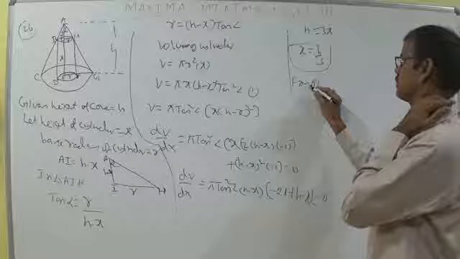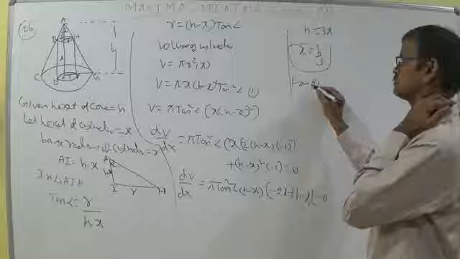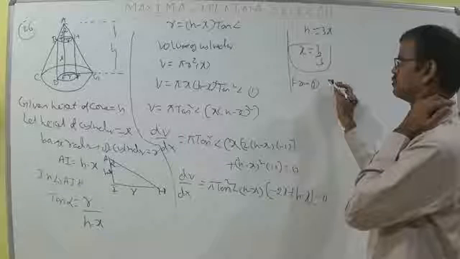This is an important bit in Advanced and a standard bit in Mains: 4 pi by 27 h cube tan square alpha. Here it is, first option.